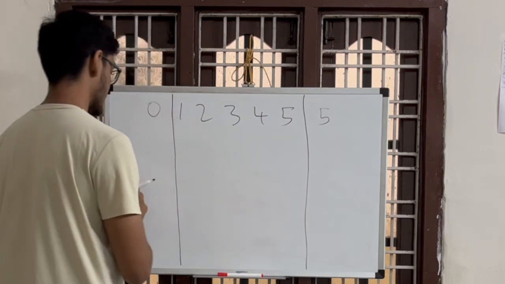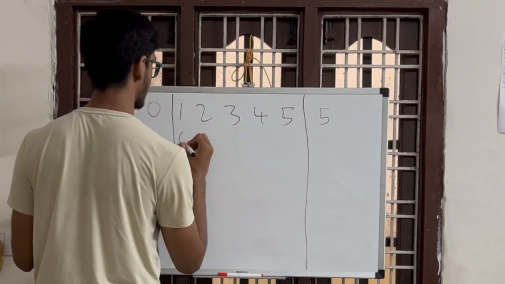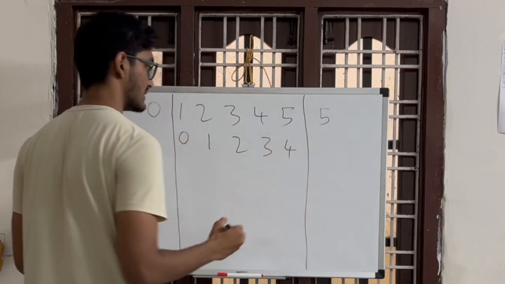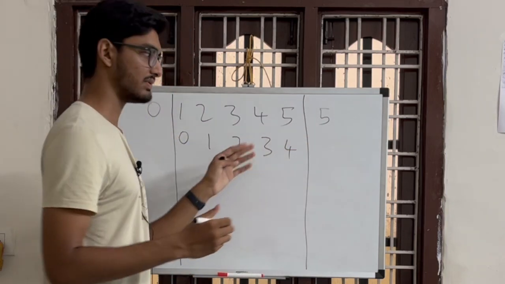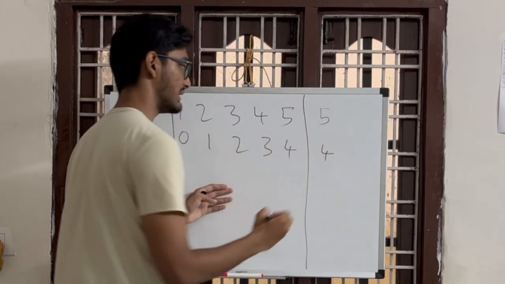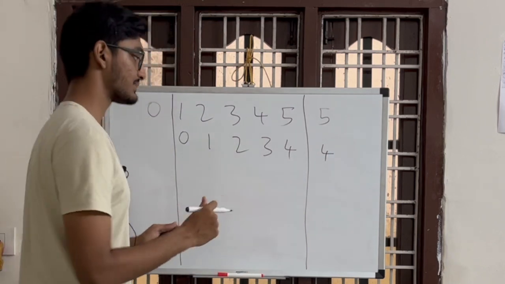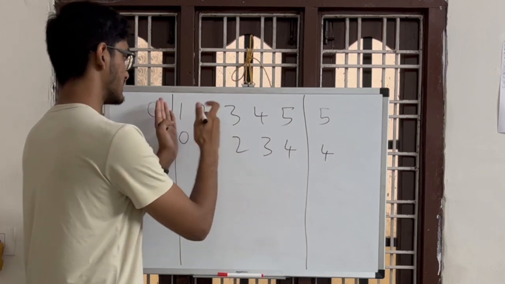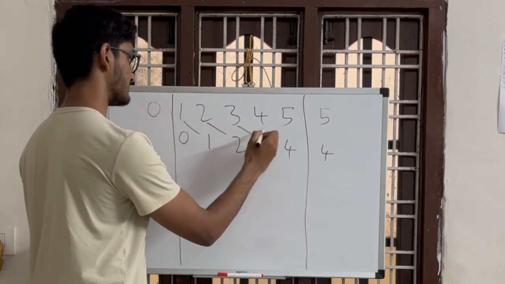We'll have 0 here, then 2, 3, 4, 5, and this is the array we get. Now we still have 4 operations left, and the remaining numbers are the same.